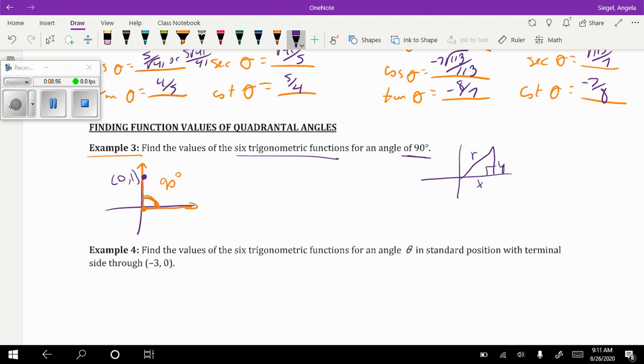Okay, so if we think about this, this is X and this is Y. So I'm looking for R. R is going to be the same length as whatever this value is. So for simplicity's sake, I'll just keep that 1. So sine is going to be Y over R. So then I can just fill in 1 over 1, which is 1. So go ahead and work through the next trig functions.